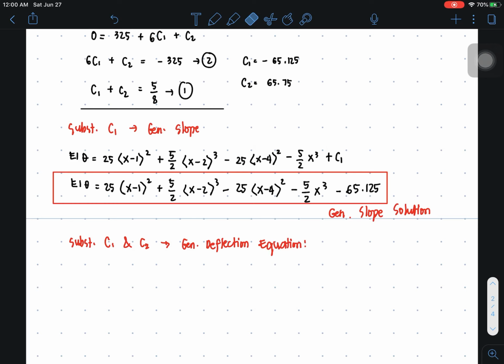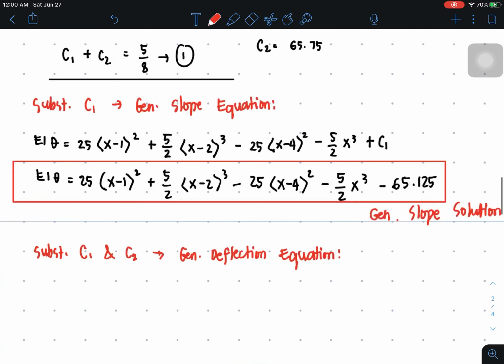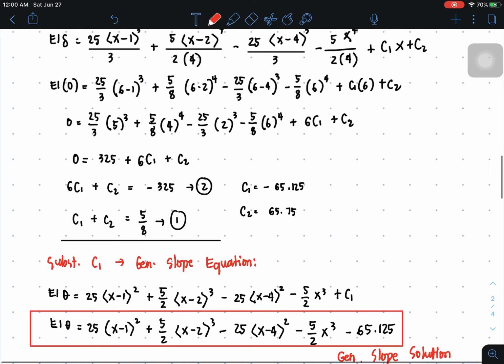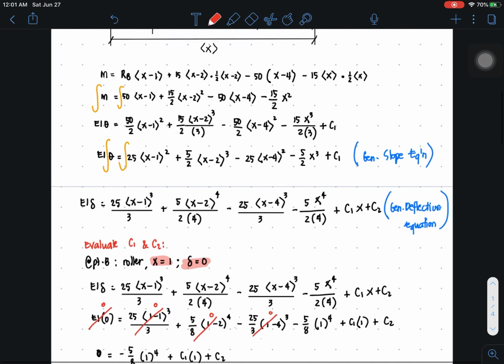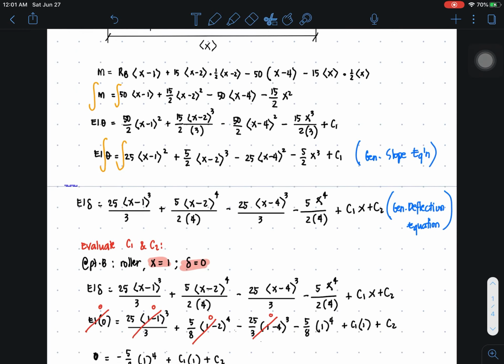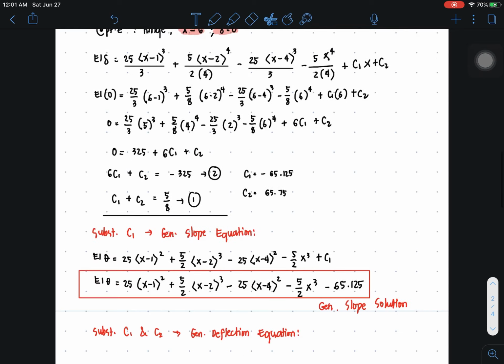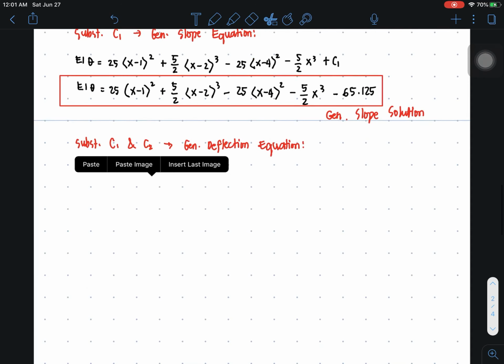Okay, so kuha na to ang general deflection equation. So asa man na dapita here. This is the general deflection equation. And copy that here.